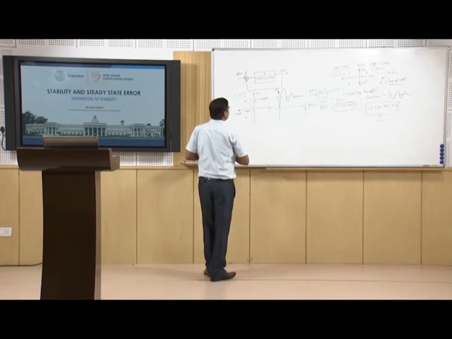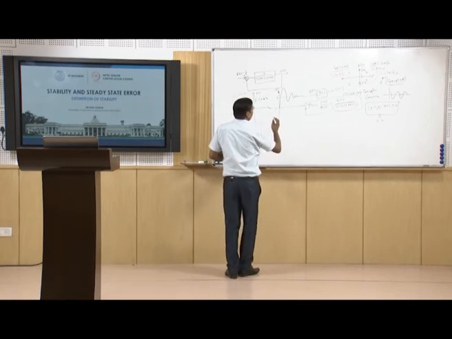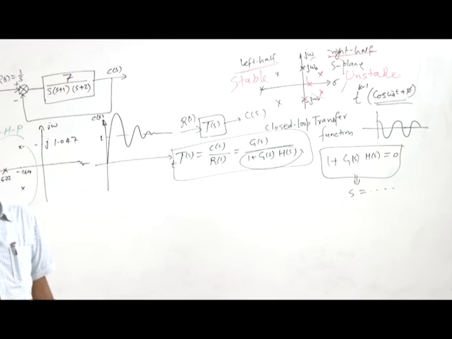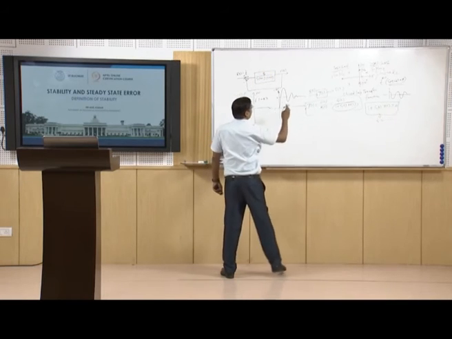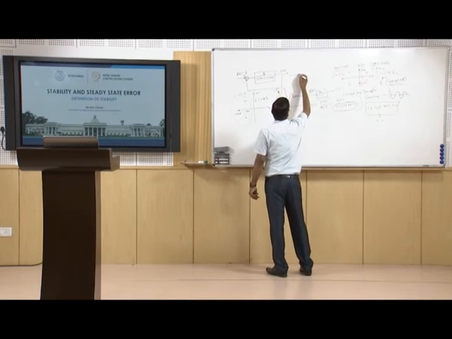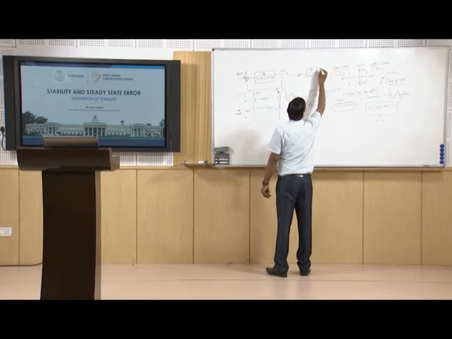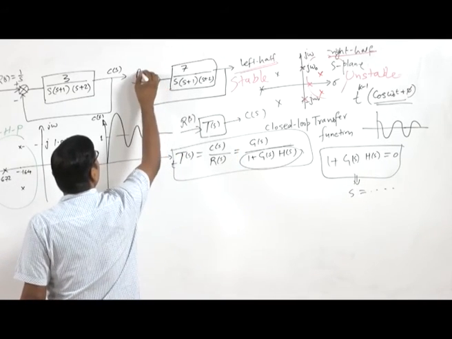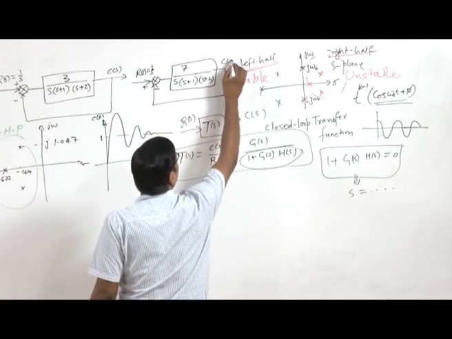We have this system. So here we change this system, and we put 7 here. So let's make another system here. We have 7 by s(s plus 1)(s plus 2), and we are interested in this R(s) equal to 1 by s, and this is C(s).